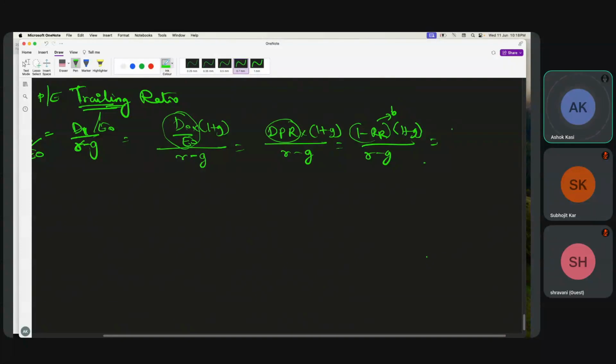So when they say B, you should think about retention ratio. This is the formula.